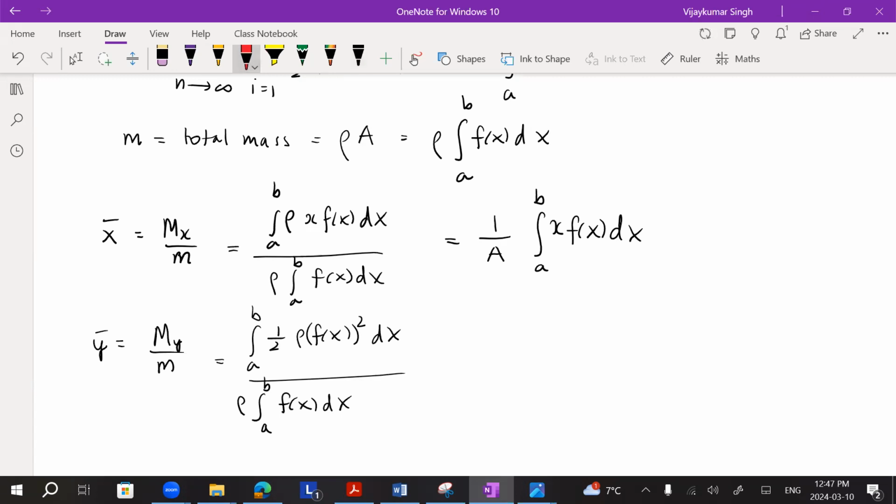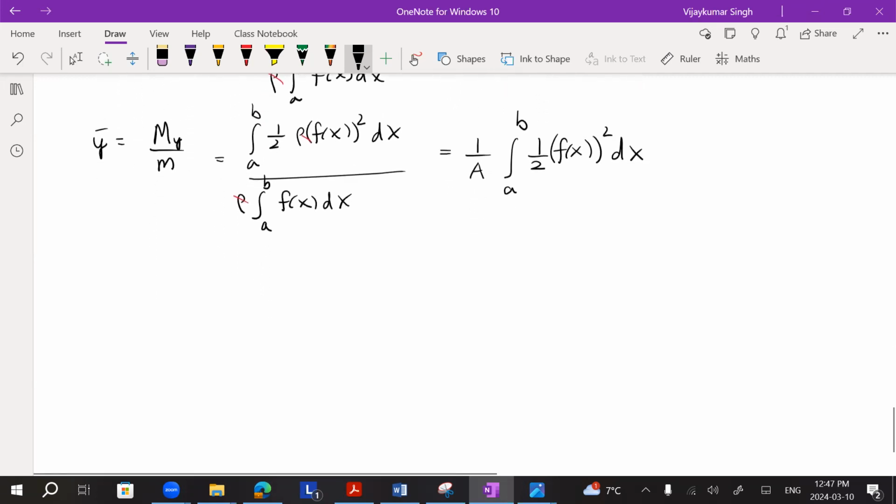Again, we can cancel out rho, right? So rho gets cancelled here and here. So we are left with 1 by A, the integral a to b of half f of x whole square. All right. So this is the idea behind the centroid. Let's do one problem.